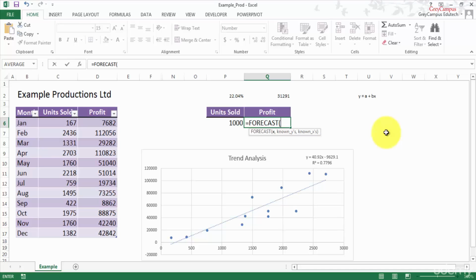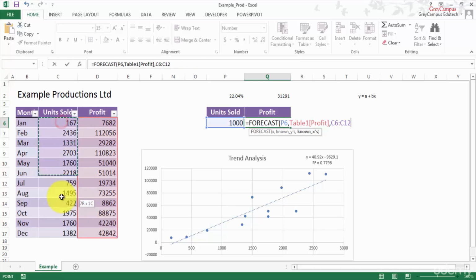So we say FORECAST, x. What is the x value? This is my x value. Then it is asking, give me the known y's. This was the same as in trend also. So I say these are my y's. The y's are nothing but my profits, the profits that I have made in the past 1 year. And then it asks, give me the known x's. So I say the x's are the units that I have sold in the past 1 year.